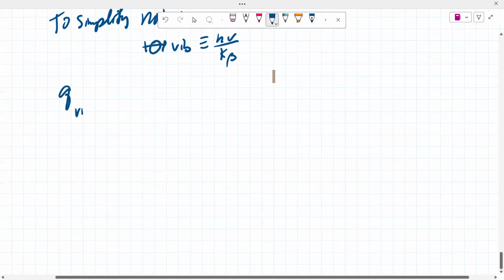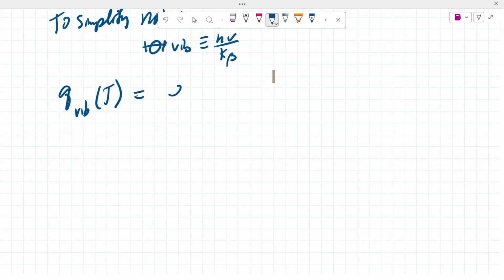So q vib of T equals e to the negative vibrational symbol over 2T, over 1 minus e to the minus this funky symbol Θ divided by T.